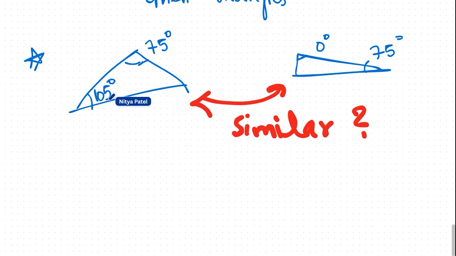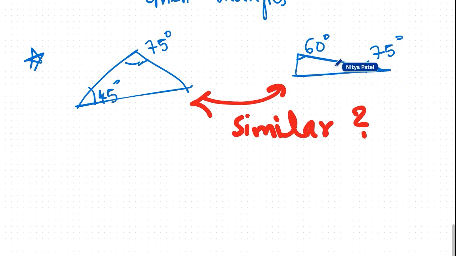Let's change this angle a bit. Let's say this is 60 degrees, and this is 45 degrees. Same question: are the triangles similar?